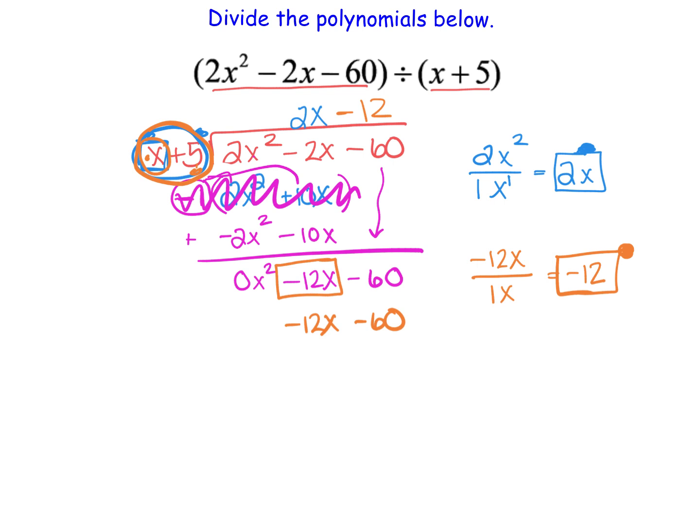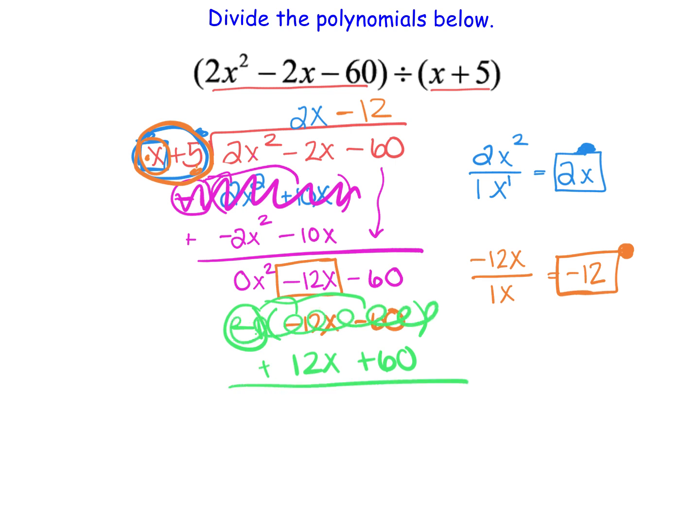And then from here, what you need to remember is that we're going to be subtracting this second piece, so we're going to subtract this out. Now remember, if the subtraction confuses you, you can distribute this negative 1. So that would be negative 1 times negative 12x, which is a positive 12x, negative 1 times negative 60, which is a positive 60, and then instead you can add straight down.